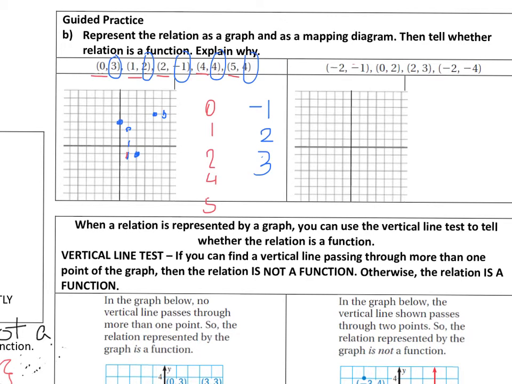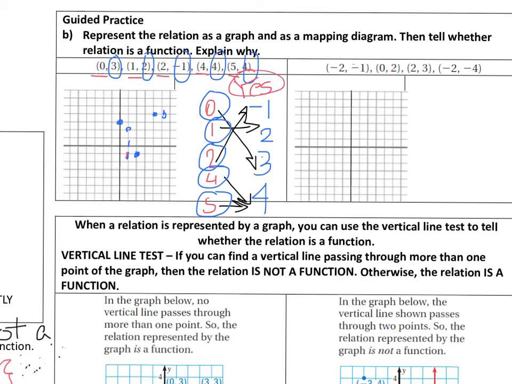And then we can draw the arrows. 0 goes with 3, 1 goes with 2, 2 goes with negative 1, 4 goes with 4, and 5 goes with 4. And notice that for every input, there is exactly 1 output. So this is a function. Yes, function.